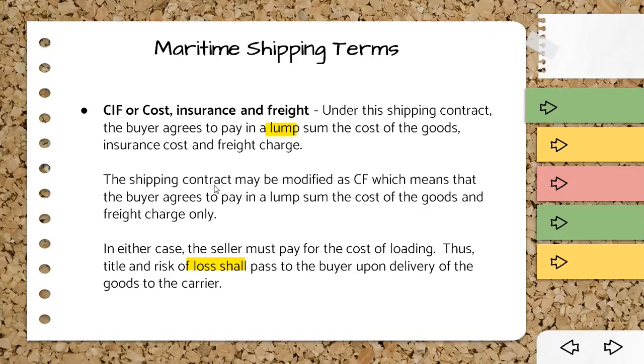The shipping contract will be modified as CF, which means that the buyer agrees to pay a lump sum of the cost of the goods and the freight charge only. So hindi kasali yung insurance. In other case, the seller must pay for the cost of loading. Thus, the title and risk of loss shall pass to the buyer upon delivery of the goods to the carrier.